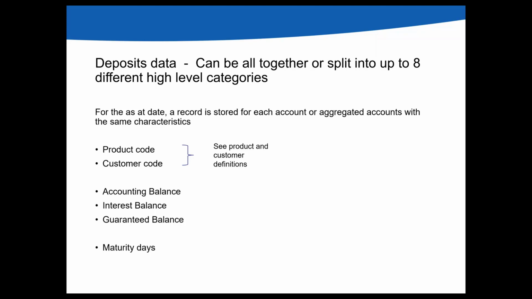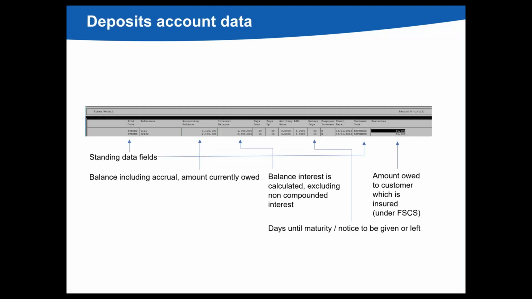It's key data for these liquidity reports. And obviously the maturity date, the earliest maturity of our products needs to be populated in the contractual maturity days field. So that's the sort of data elements that go in.